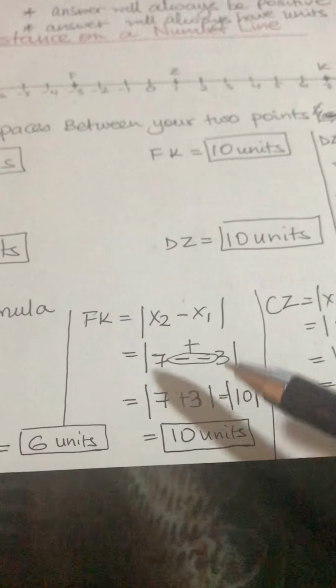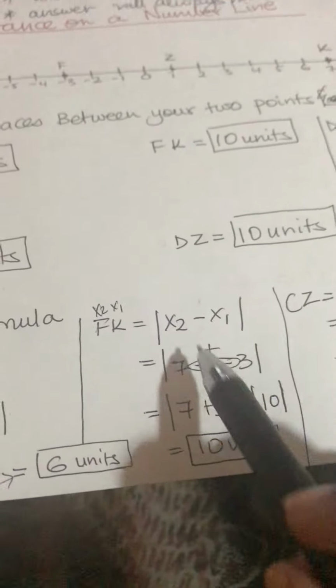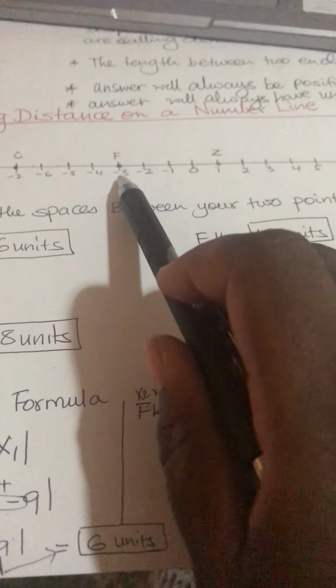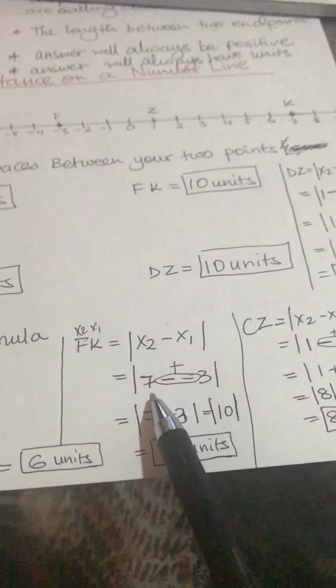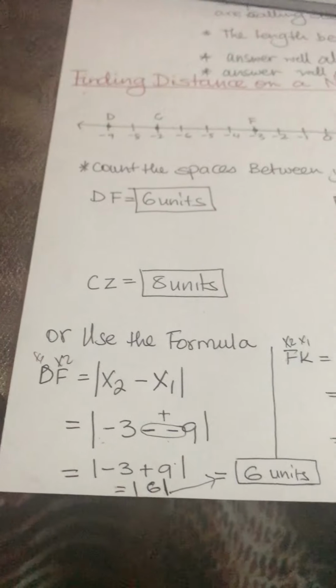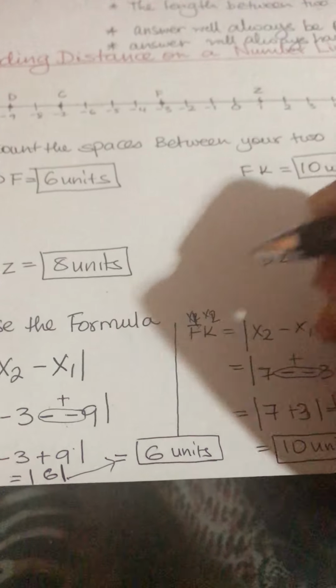So I repeated the same. I labeled x2, x1. I go on my number line. F is -3. So I write there. Sorry, did I label this correctly? No. So this is x1, x2, sorry.